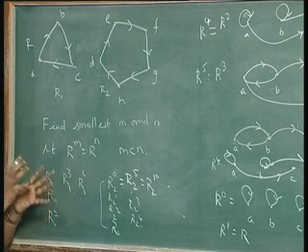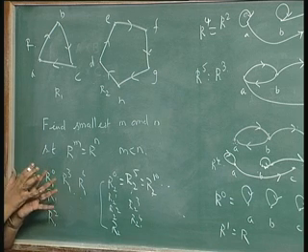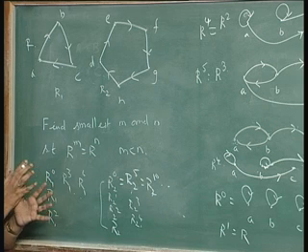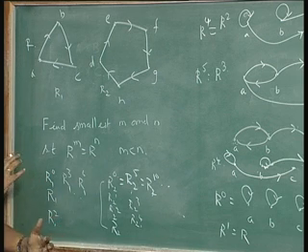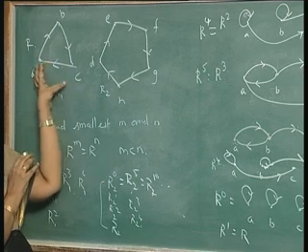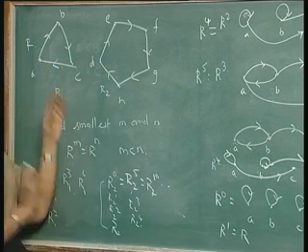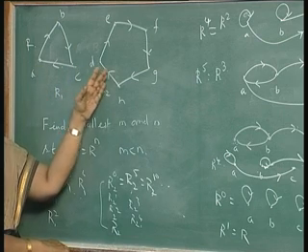For the relation to be the same, both the components have to repeat in the same manner. So, you will find that after 15 steps, this will be the same and this will also repeat after 15 steps. This repeats every 3 steps, this repeats every 5 steps.